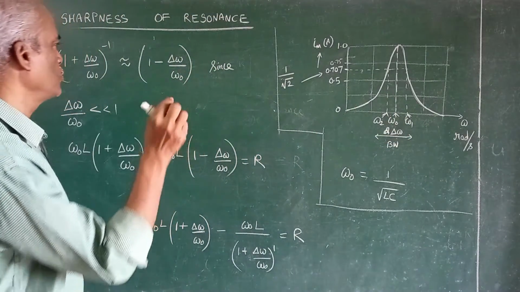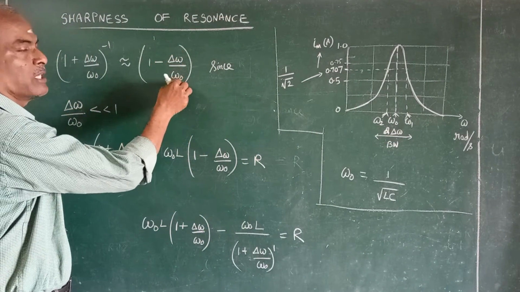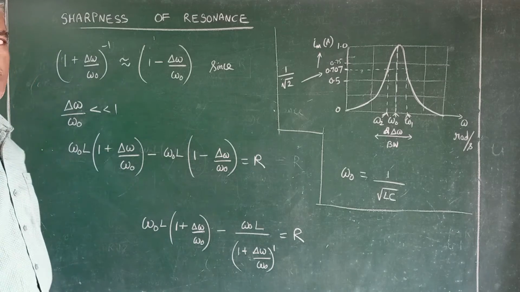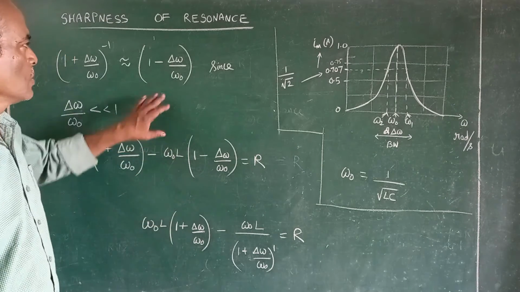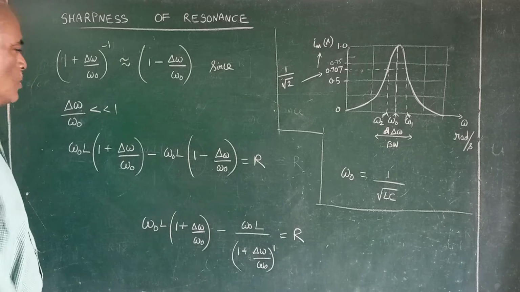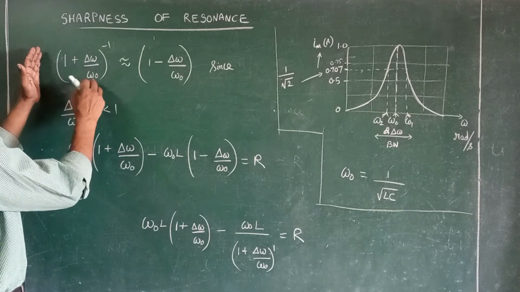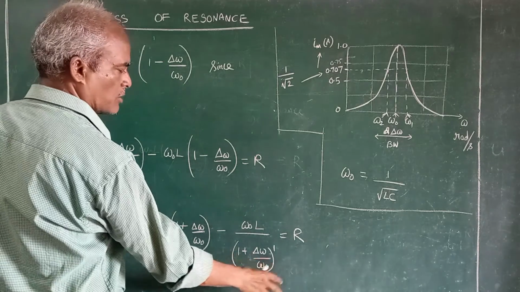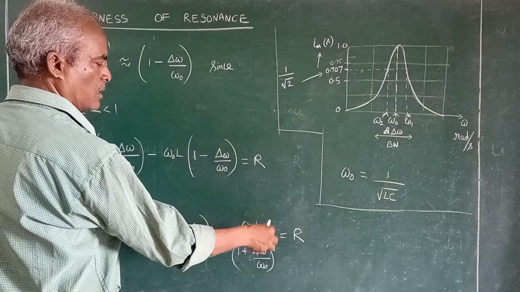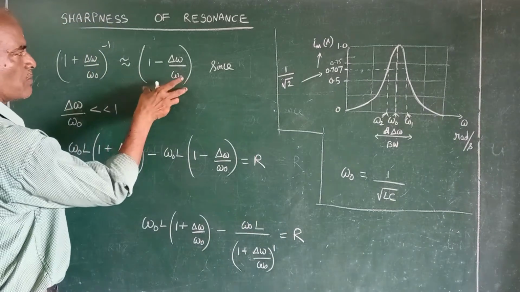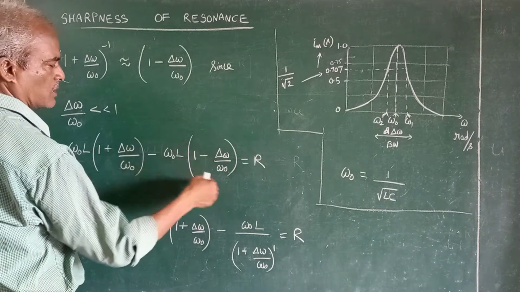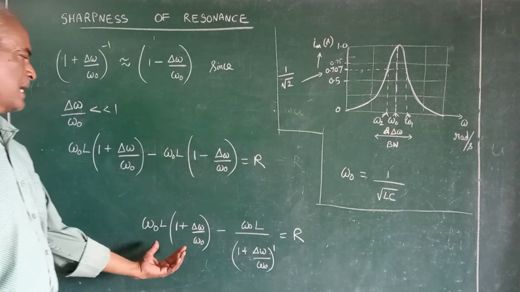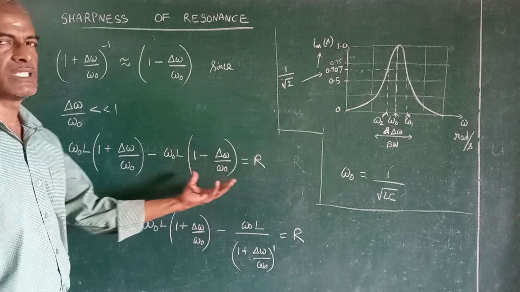That means the numerator is very small compared to ω naught, so the higher order terms are neglected. So in place of 1 plus del ω by ω naught power minus 1, we can write this. This term is brought to the numerator, replaced by 1 minus del ω by ω naught, and the other term remains as it is, as written here.